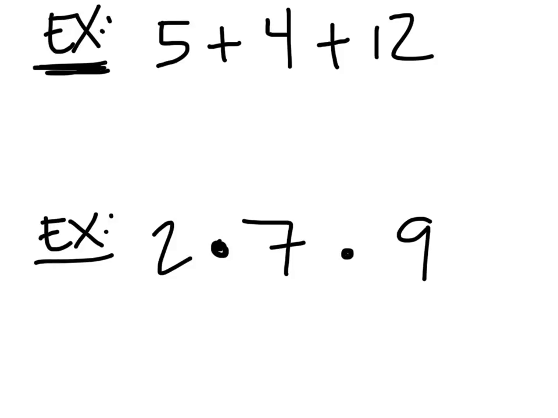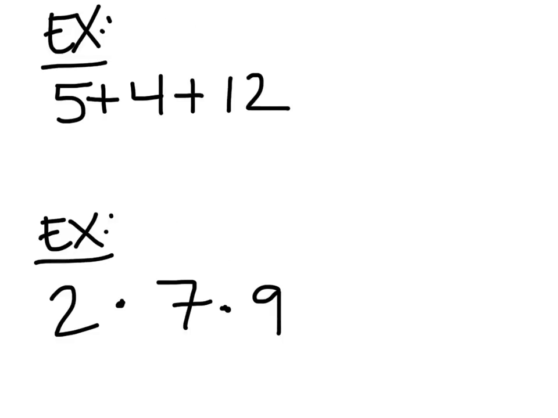Okay. So here's the thing, what we have to do is look at this. With properties, what we're going to do in this first one is change the order, okay? So 4 and 12 and 5, right? 5, there you go.